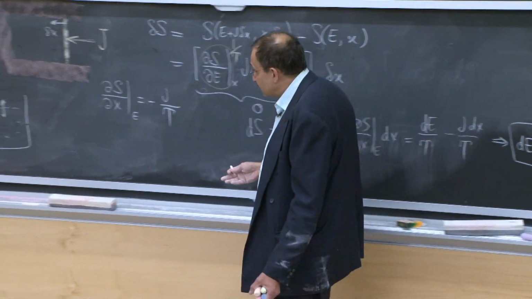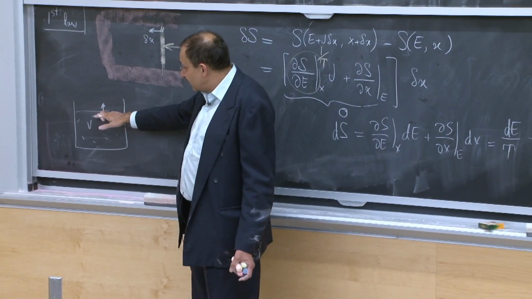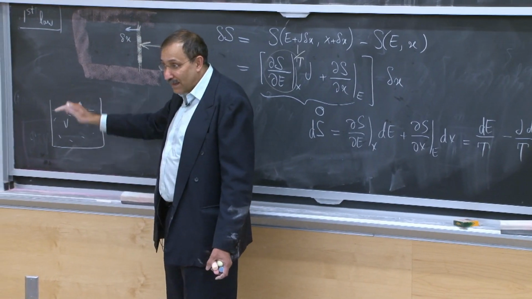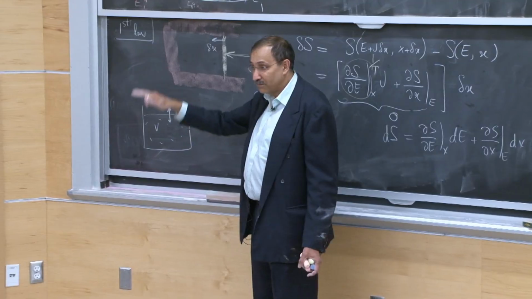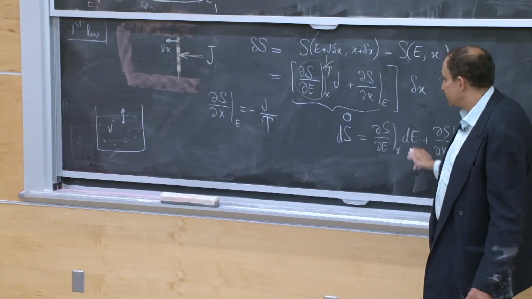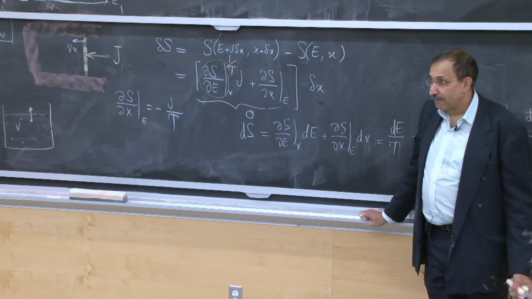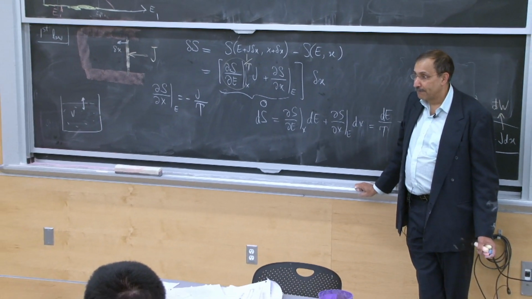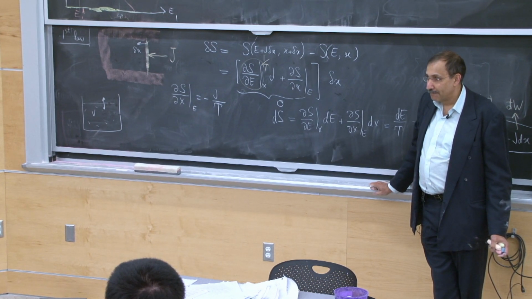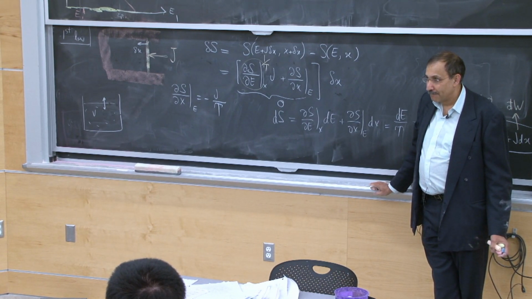So the statement that this thing originally was sitting there by itself in equilibrium and did not spontaneously go up or down is the statement that this derivative is 0. That's only 0 when the system is in equilibrium.